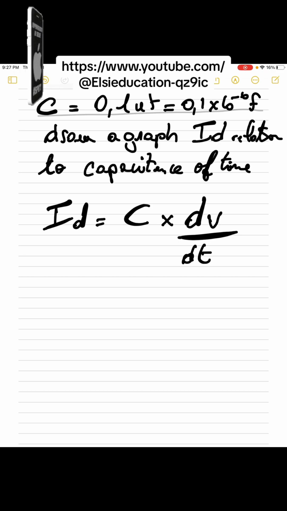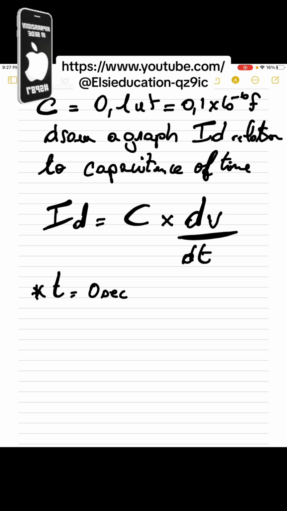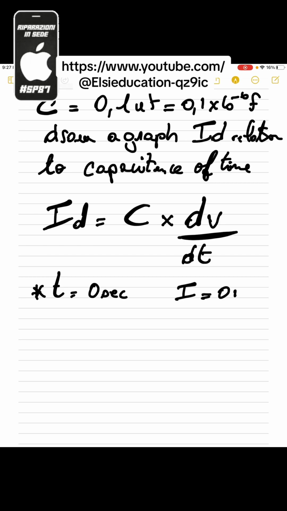If time equals 0 second, meaning that the current is 0 amp.